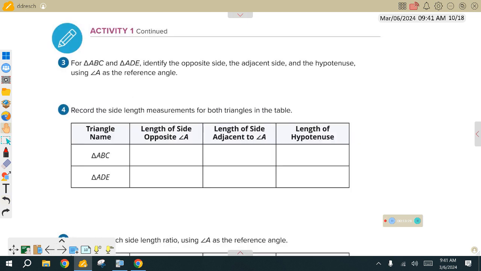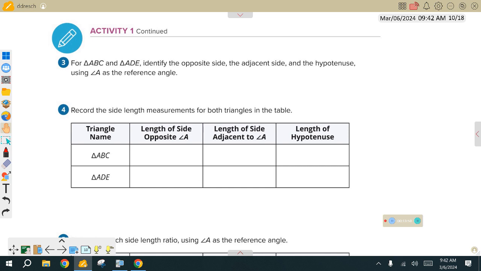Next page. Let's take that little half sheet that I gave you and complete that table. Based off of the triangles that we just identified, go through and complete that table with your buddy, identifying the lengths that you found a few minutes ago.